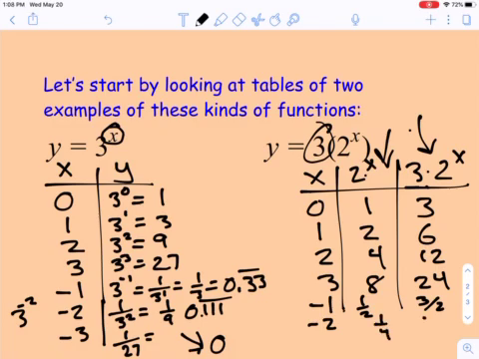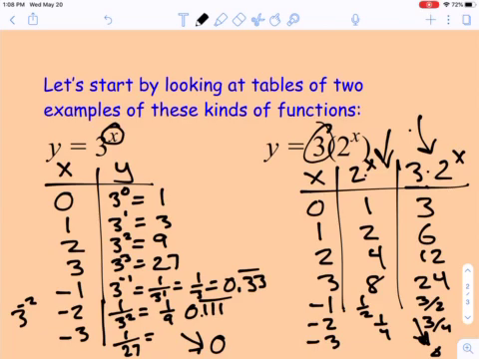You multiply that by 3, you get 3/4. And you'll see that even though we're multiplying it by 3, this number is going to get closer and closer to 0, just like this one. So very similar. This one just grows a lot more quickly in the positive direction.